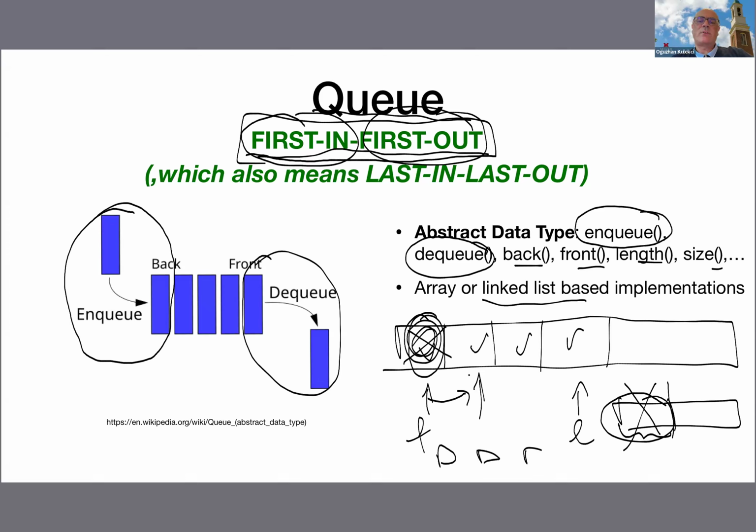Why? Because with the linked list, as you remember, it is easier to perform insertions and deletions. Whenever you make a dequeue operation, you simply delete this one and give it back to the memory. Okay, so this way you will not be losing space.